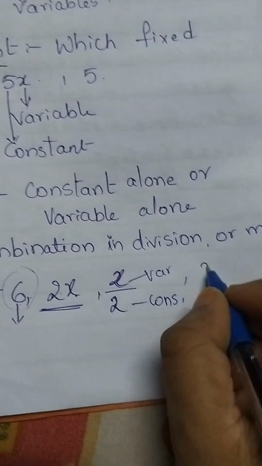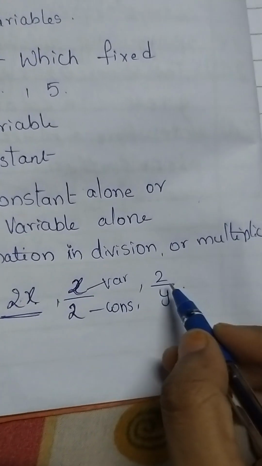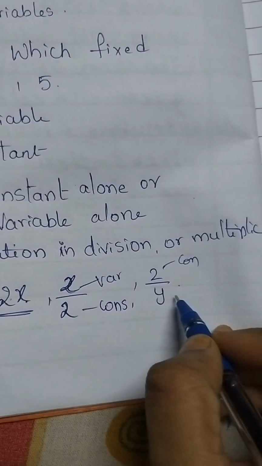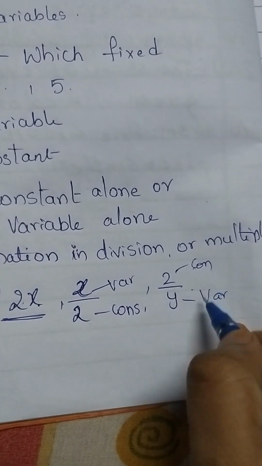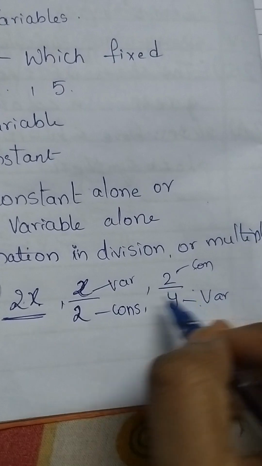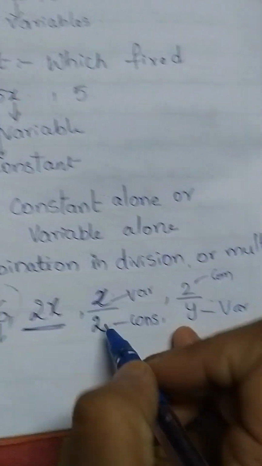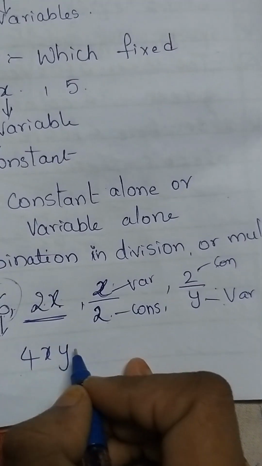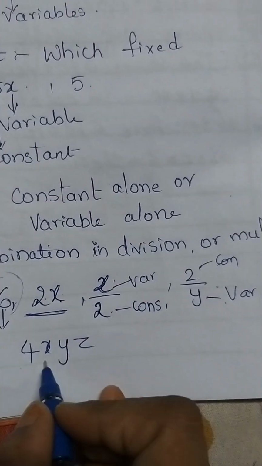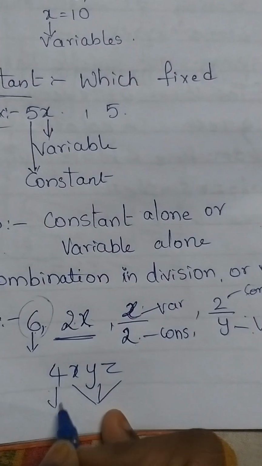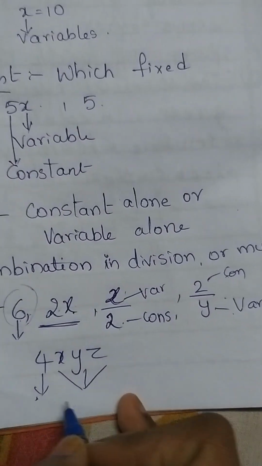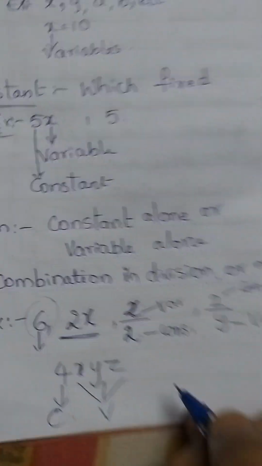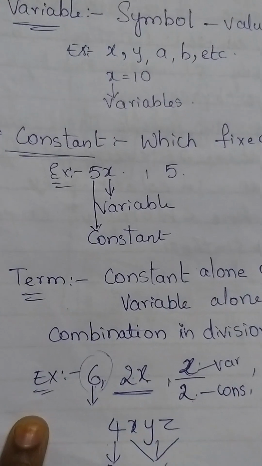Let us take 2 by y. Here is a constant and here is a variable, a combination in division pattern, and this is also division. This is in multiplication. If we take x, y and z here, these are variables and this is a constant, a combination of a constant and variables. So this is called a term, children.